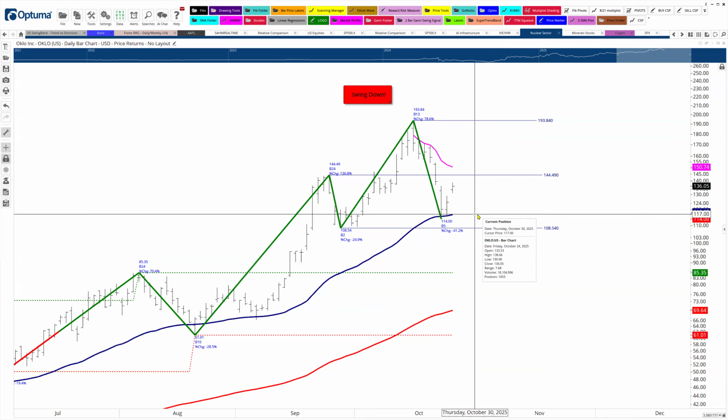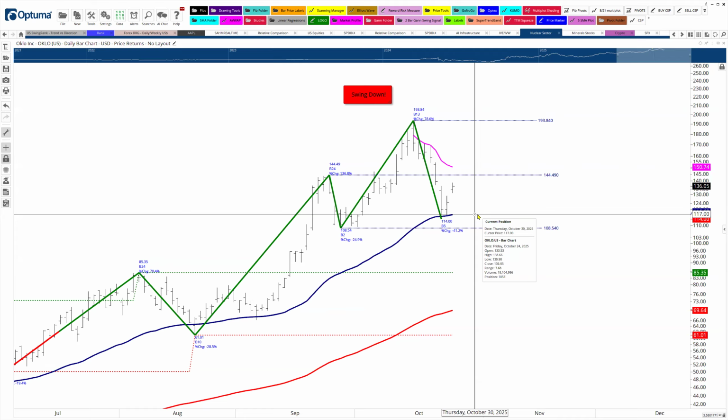We know the direction of the swing is down, right? It put in a potential low two days ago, and from there it got a bit of a 15-point pop to the upside. So if you're thinking, did I miss those 15 points, or do I know that 114 is going to be the low? These are the things. How do you know?